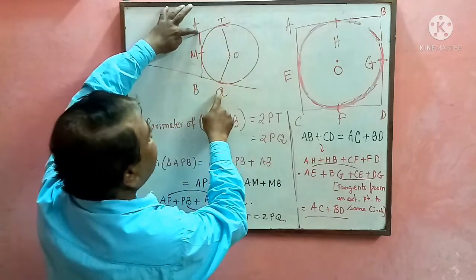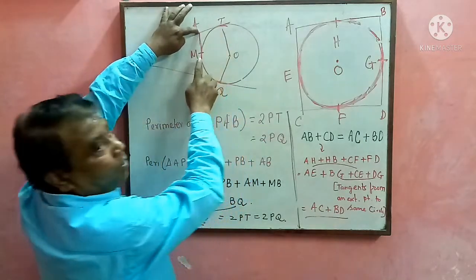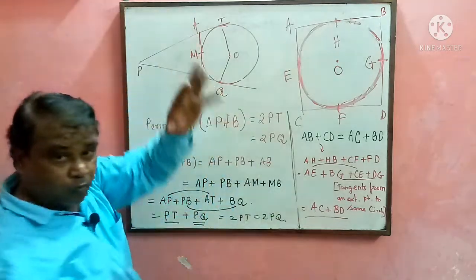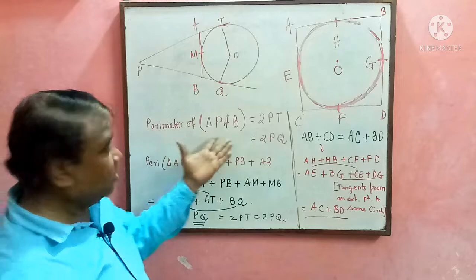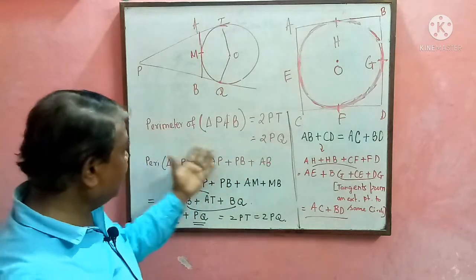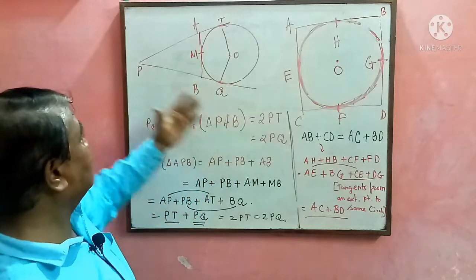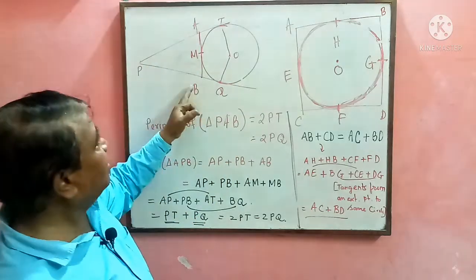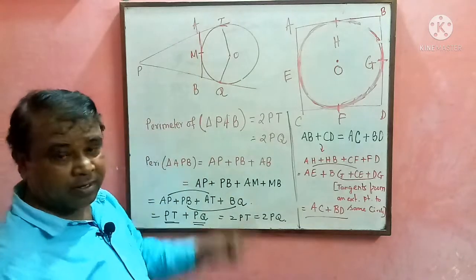Here also this is an exterior point, AT and AM are also equal. And here BM is also equal to BQ. So, what do we have? The perimeter of this triangle PAB is AP plus PB plus AB.